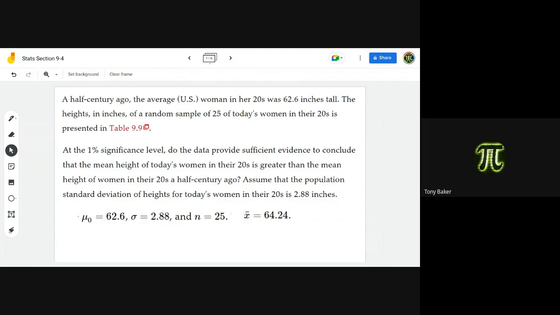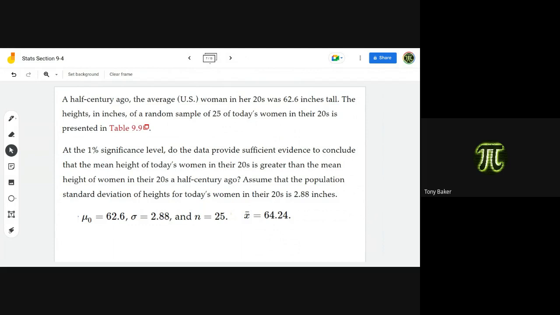At a 1% significance level, does the data provide significant evidence to conclude that the mean height of today's women in their 20s is greater than the mean height of women in their 20s a half century ago? So we've got the mean of the population that we are assuming, our standard deviation, our sample size, and the mean of the sample.